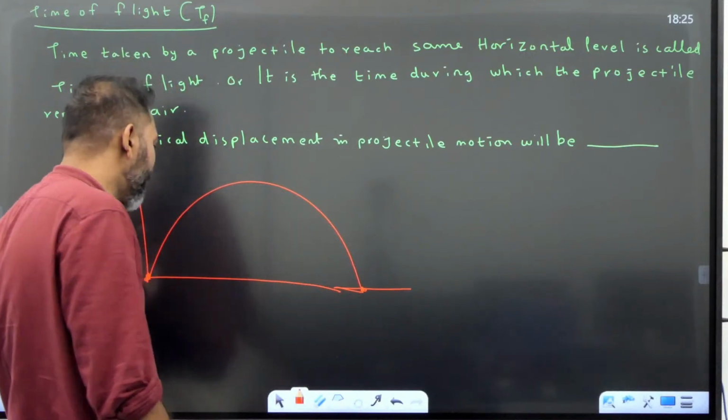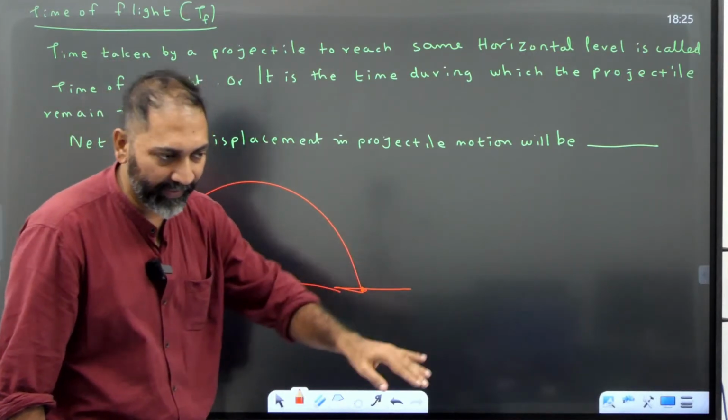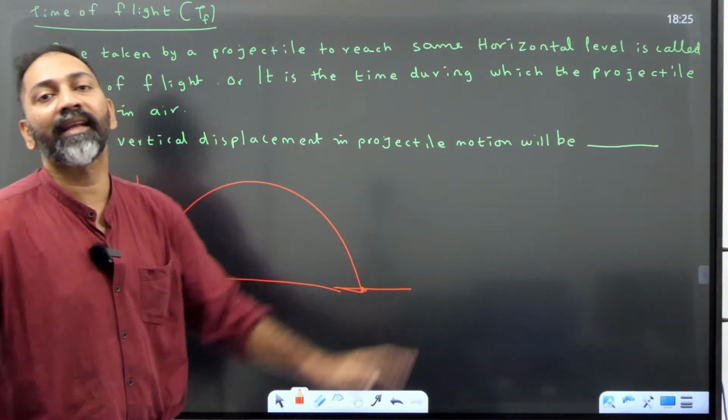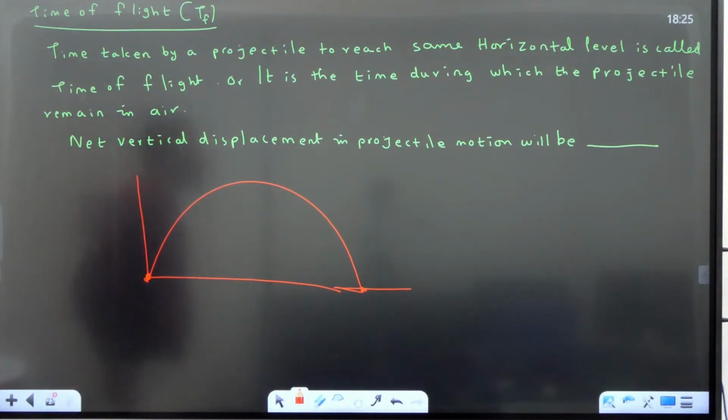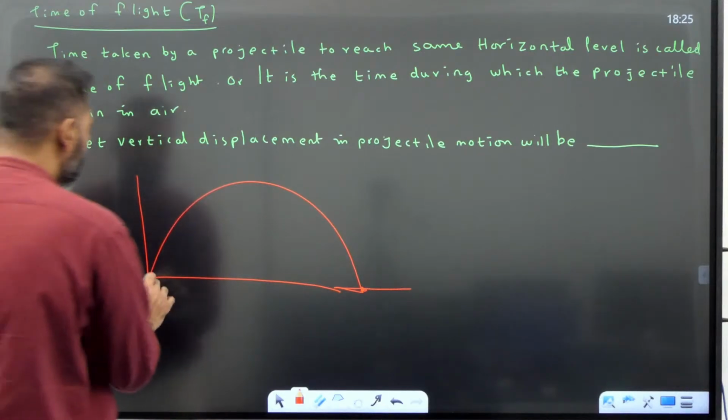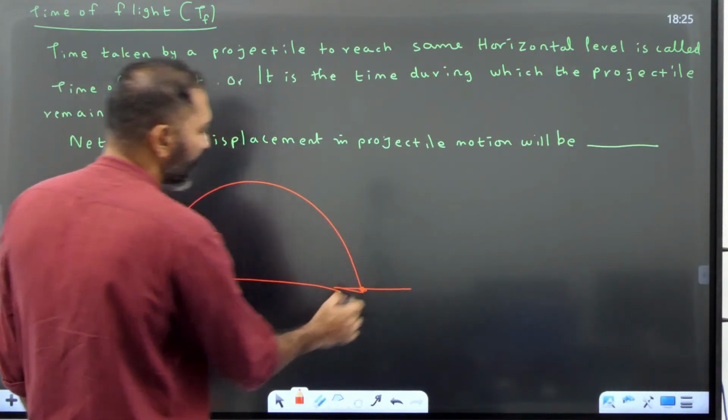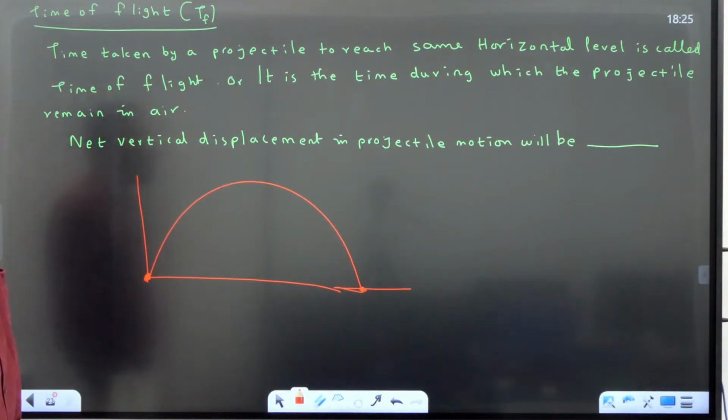It has been displaced horizontally, but there is no vertical displacement. Vertically there is no displacement for a projectile, because it returns to the same level. That means vertical displacement is 0.